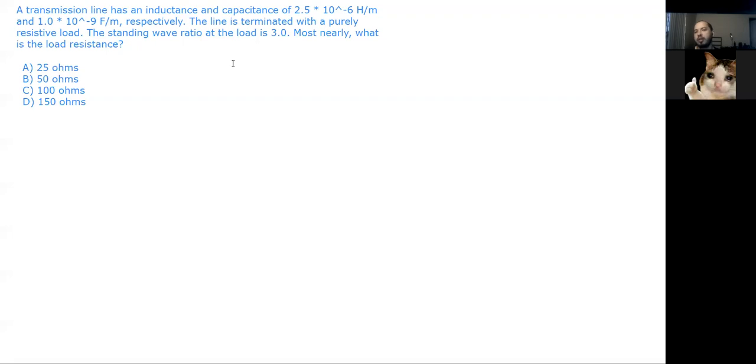The line is terminated with a purely resistive load. The standing wave ratio at the load is 3.0. Most nearly, what is the load resistance? 25, 50, 100, or 150 ohms.